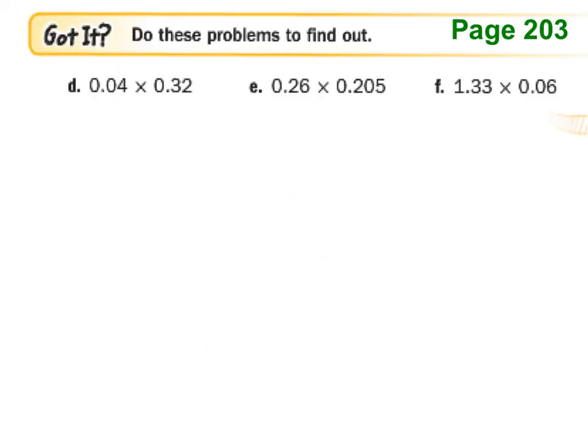All right, let's try one of these together, and then I'll have you do the other two on your own. So starting off up here, I see 32 times 4. 4 times 2 is 8, and 4 times 3 is 12.